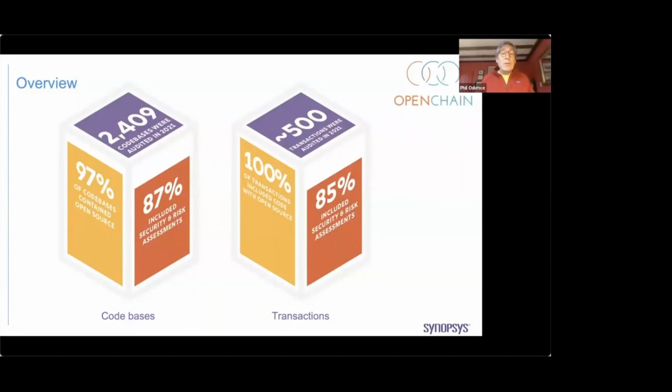We looked at about 2,400 code bases, and this is our 2022 report looking back to 2021. And that was something on the order of 500 transactions, a little more than that for technical reasons. There's some work we did that was eliminated from the study, but think of it as about 500 transactions.